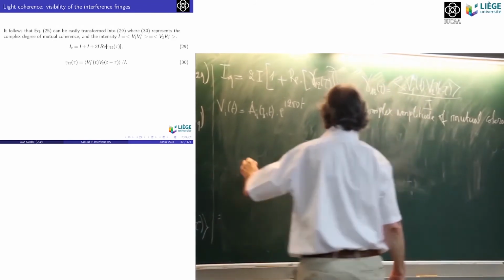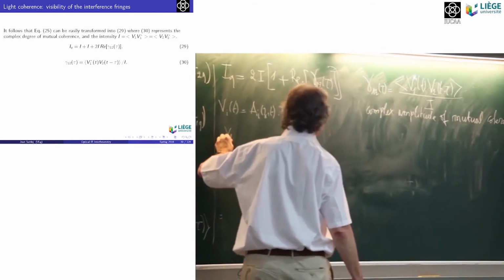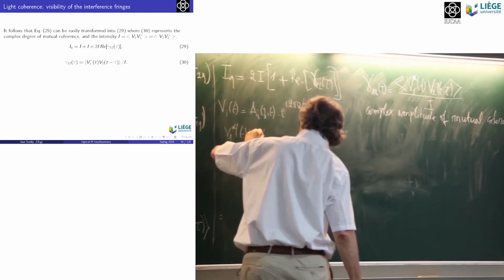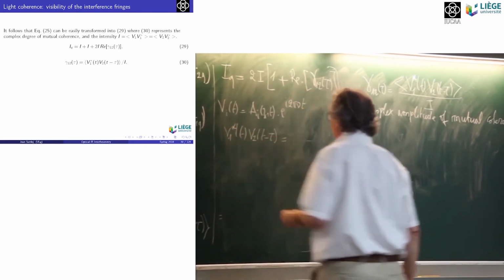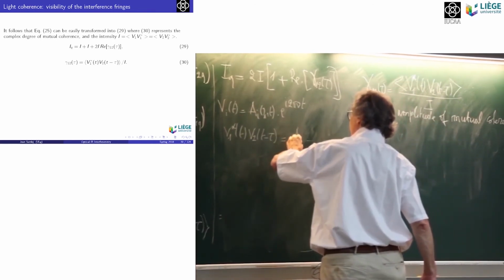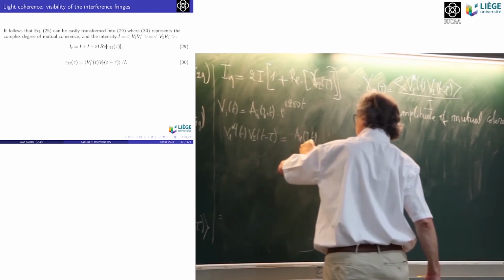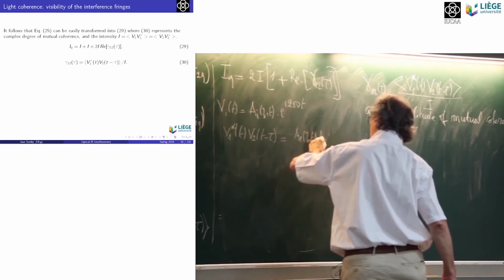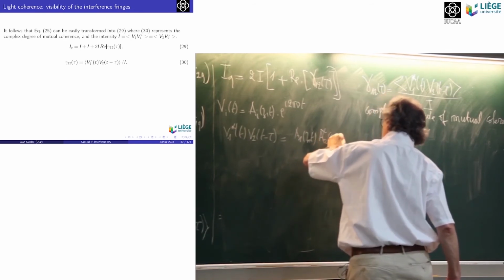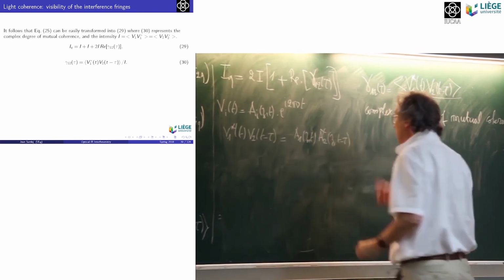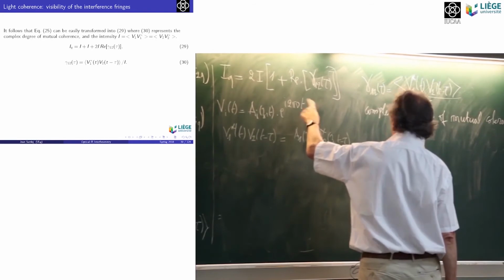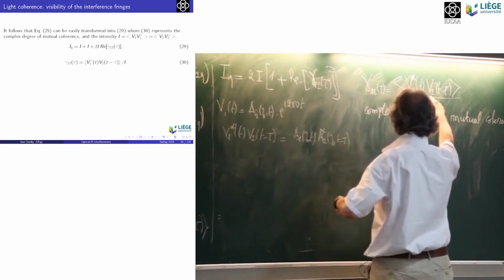So if I multiply V1 conjugate complex by V2 for t minus tau, I will find that it's equal to A1 of t multiplied by A2 conjugate complex as a function of t minus tau, exact. Now, multiply by this quantity, and then the conjugate complex of the other one.